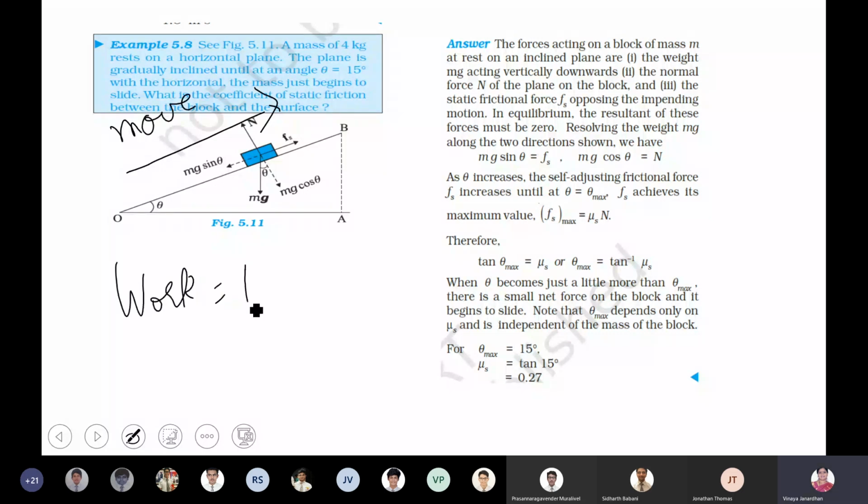So work done will be force applied into distance. So what will be the force that you have to apply? mg sine theta. Then frictional force also should be considered, no? You understand? So those concepts you think over, boys.